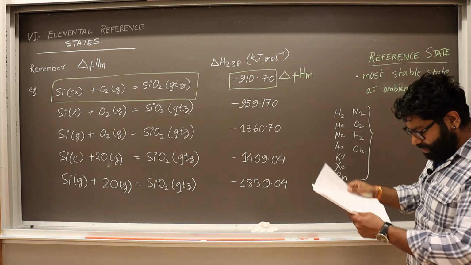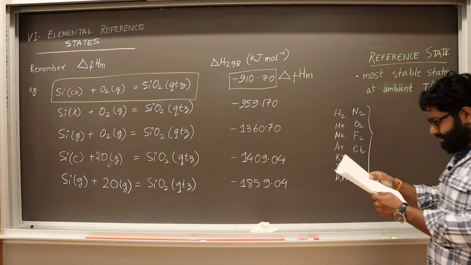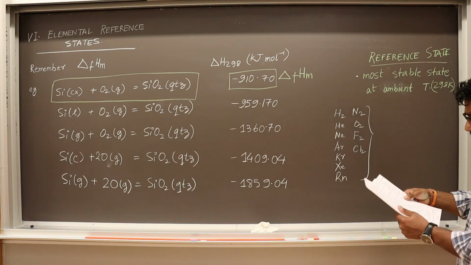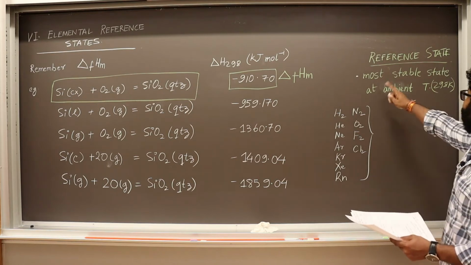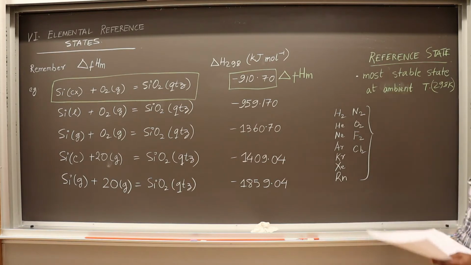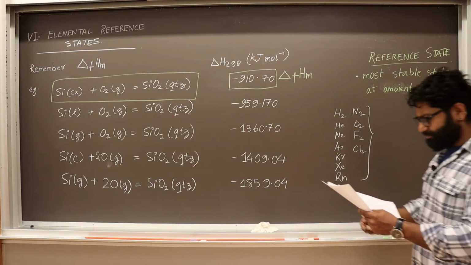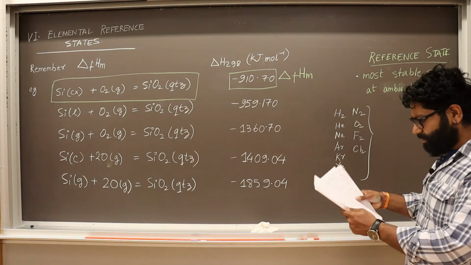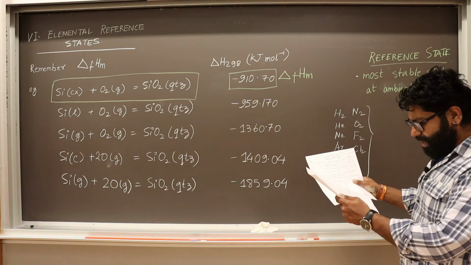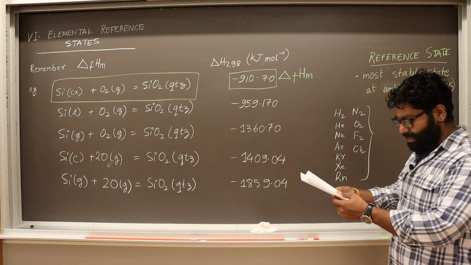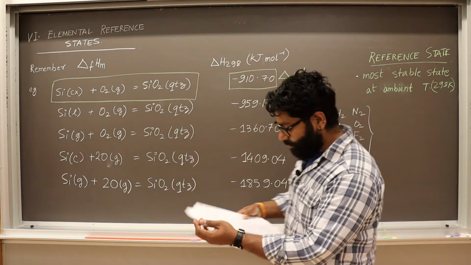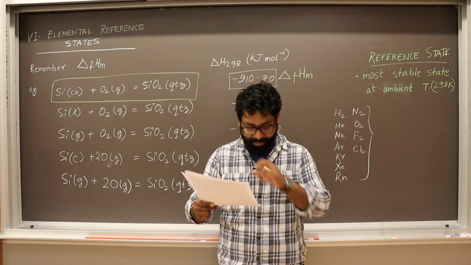Now, another concept is that, as I said, it is not always the most stable state that is used. What are the differences? Before understanding that, let me just tell by definition what is defined as the enthalpy of formation.